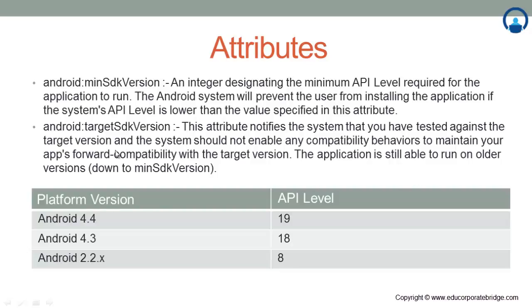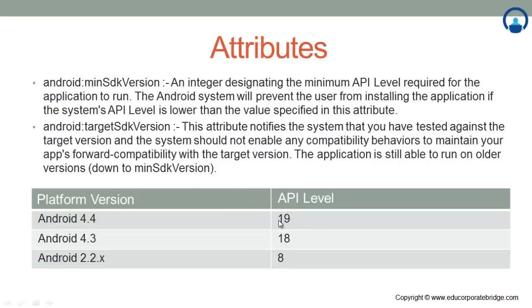Why do we specify this? Because, as I told you earlier, every new Android version has certain enhanced functionality over the previous version. Our minimum API level is 8, but we don't want it to enable any compatibility behaviors. Suppose our application has some feature which will run on 8 also, but it runs in a different manner on API level 19.